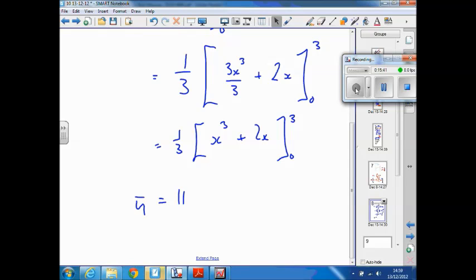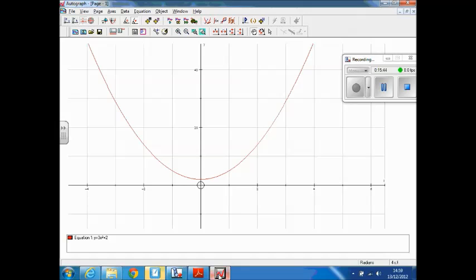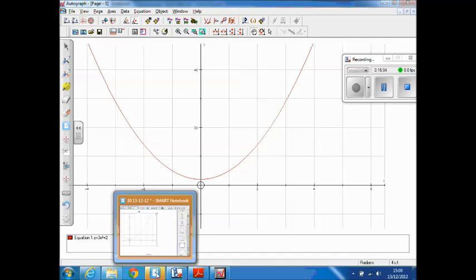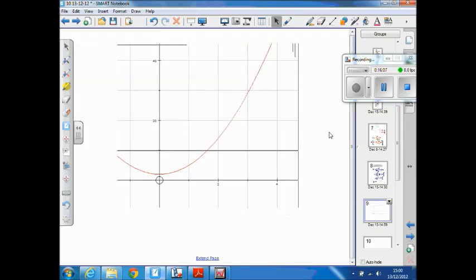If I were to plot this function, here it is, you might have expected this curve, y equals 3x squared plus 2, some sort of quadratic. What we're saying is that between these points, 0 and 3, which is this particular region here, the average value for y between those points is 11.